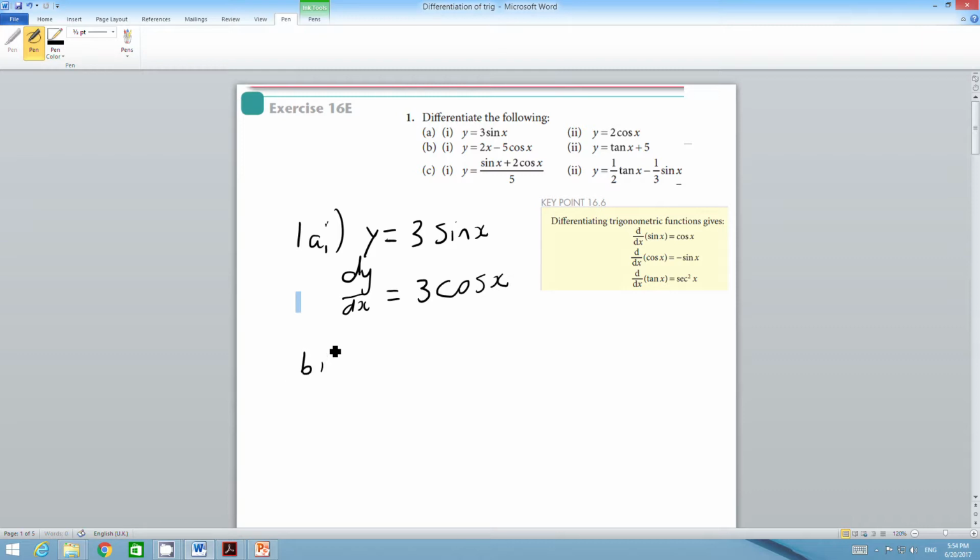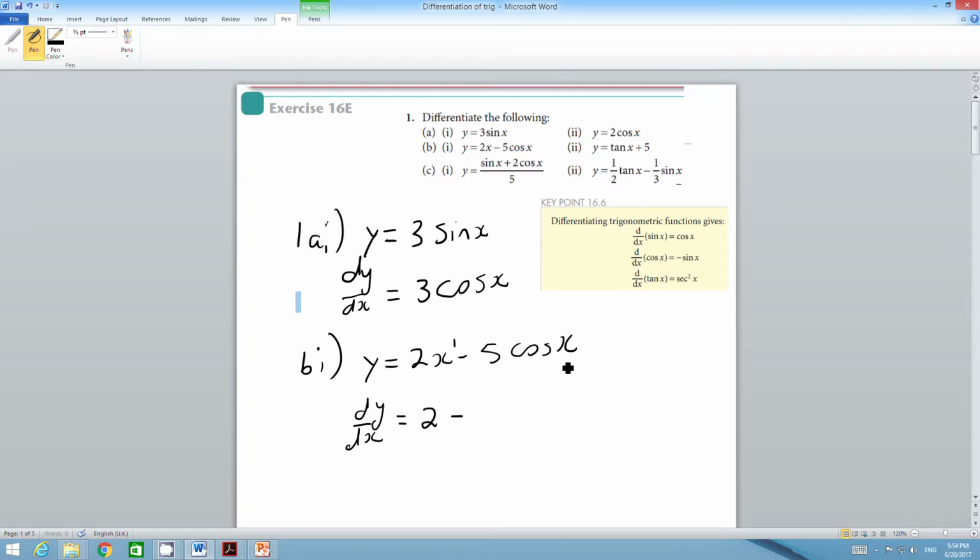So I'm going to write here cosine of x, and I can leave it as it is. Now if I take a look here at 1b, y is equal to 2x minus 5 cosine of x. If I find the derivative of this, dy dx, I know that x is to the power of 1. So 1 multiplies to the front, 2 times 1 stays 2, x to the power of 1 minus 1, so x to the power of 0 is 1, so 2 times 1 stays 2.